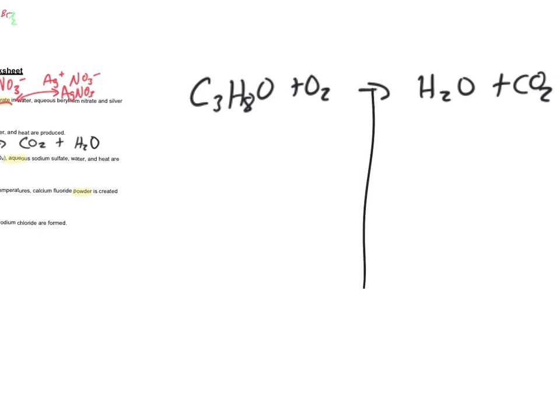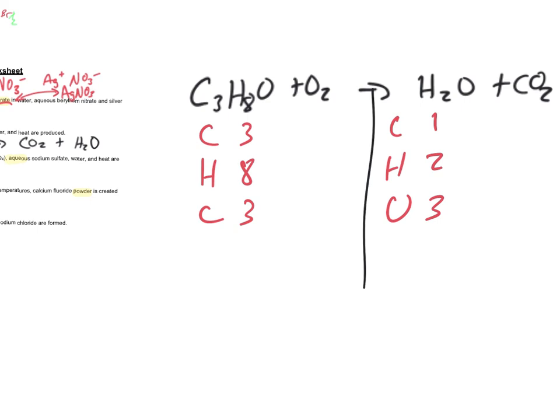Okay. We have carbon, hydrogen, and oxygen. And we have 3 over here, 8 here, and 3 here. Did you catch that? If not, pause it. Did you catch it? We have 1 oxygen here, 2 oxygens there. Over here I've got 1 carbon, 2 hydrogen, and 3 oxygen. Did you catch it? Go back and check.